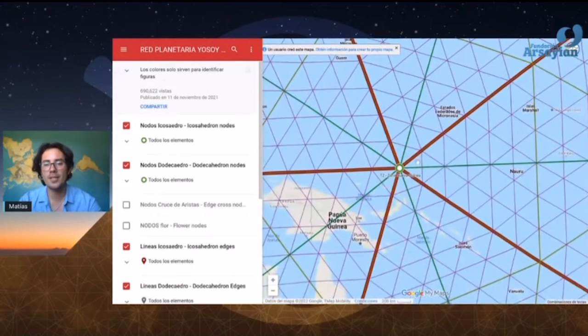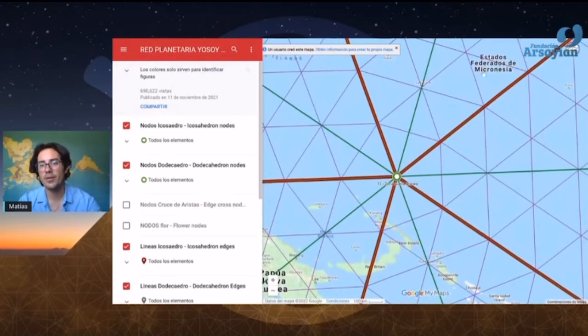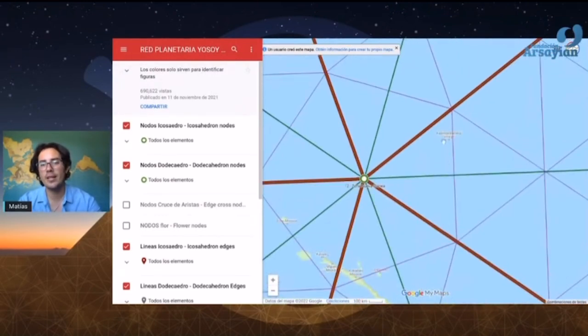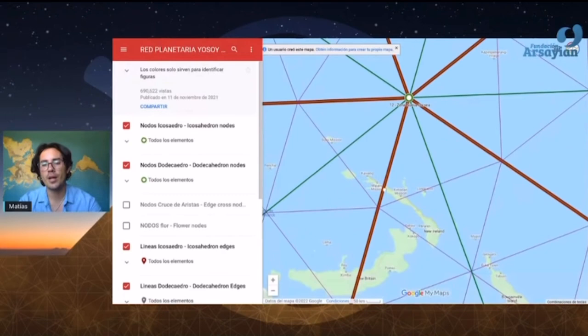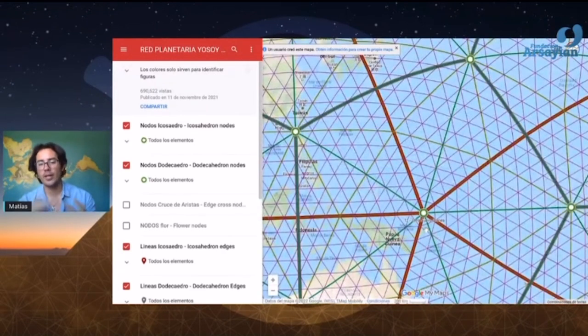That's why sometimes I say Papua New Guinea and sometimes Micronesia. This little island belongs to Micronesia, and this tip of the island belongs to Papua New Guinea, so I can call it either way.